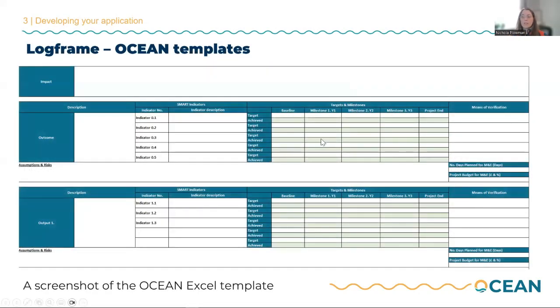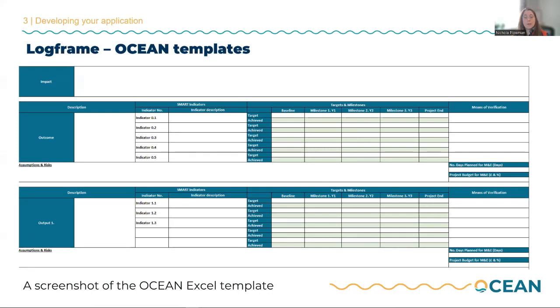Here's a quick screenshot of what the Excel template looks like. We offer both Word and Excel. It would be interesting to hear from people in the chat what they're used to using in log frames, from those who are more experienced. What we know is that a lot of people prefer to use the Word document because it's very helpful for collaborating. You can use track changes to discuss with your team and leave comments and annotations.